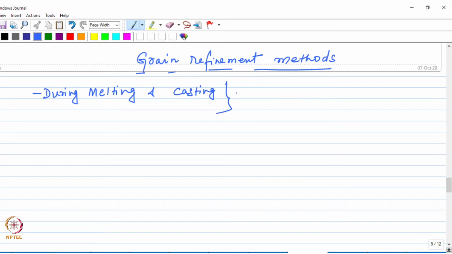And in this case, you need to consider the solidification behavior of the material, as to what can be done to it so that it is modified in a manner which will lead to a fine grain size.